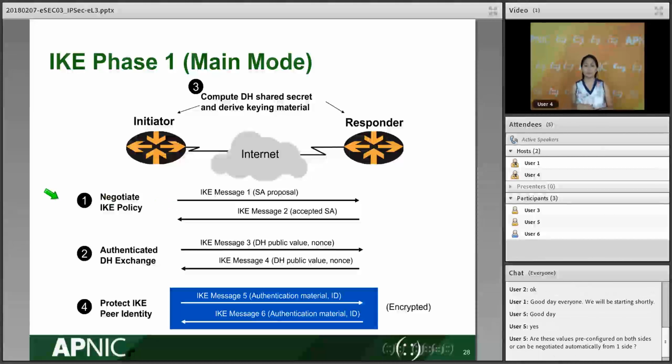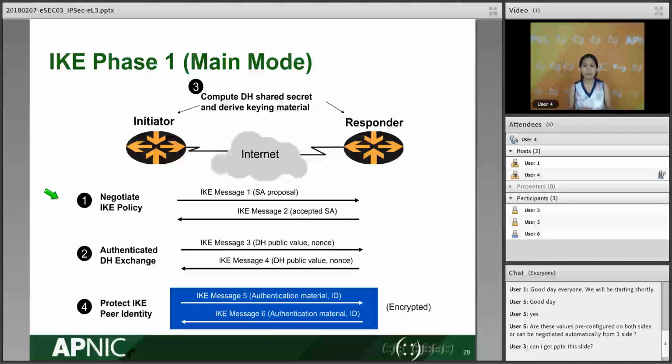That's step 1. Step 2, are these values pre-configured on both sides or can they be negotiated automatically from one side? Well, this is where the policy comes in, right? When you configure, you normally manually configure your parameters. I guess that's the part that you set up.